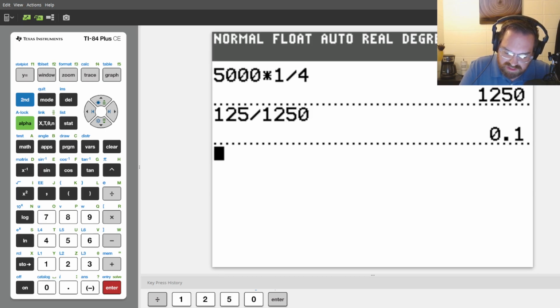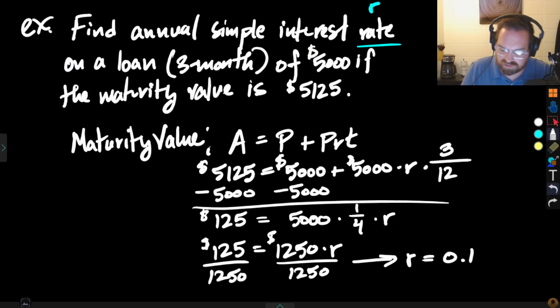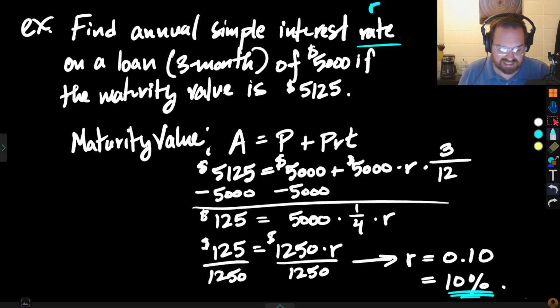R is equal to 0.1, or 0.10, which is the same thing as 10%. That is our interest rate on that loan.